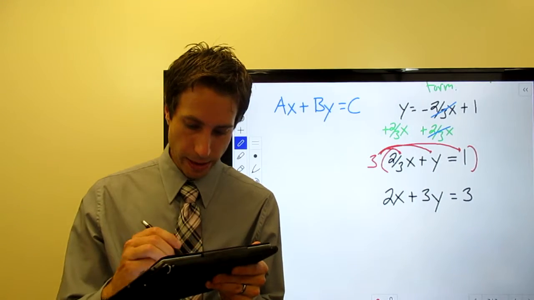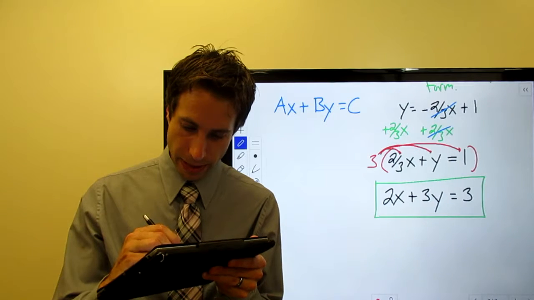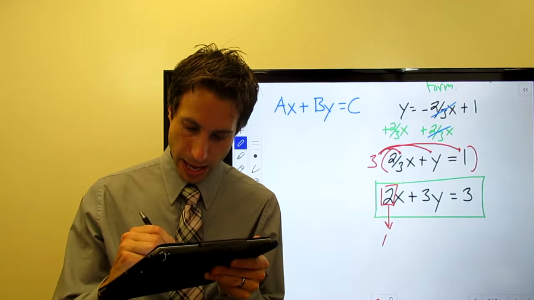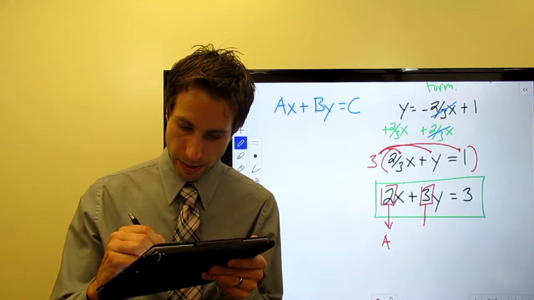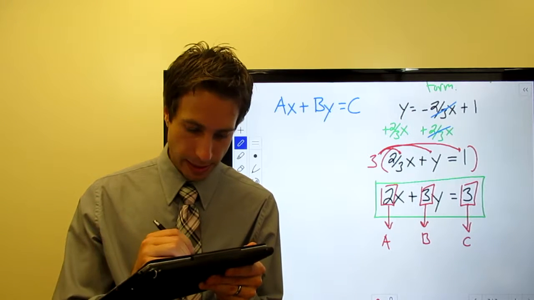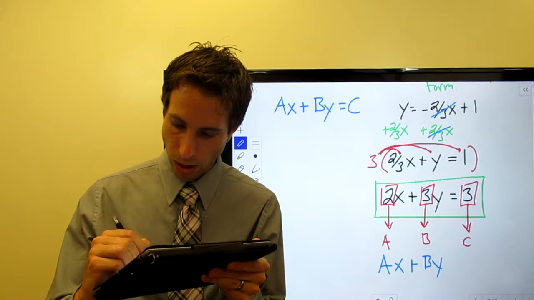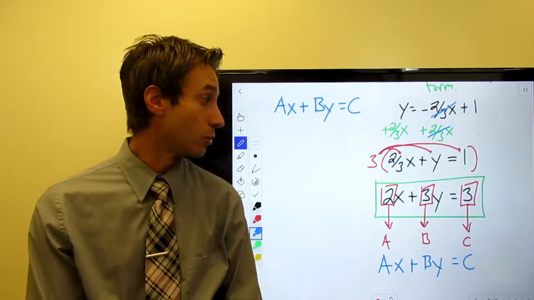And this right here is standard form, where this is my A, B, and C in Ax plus By is equal to C.